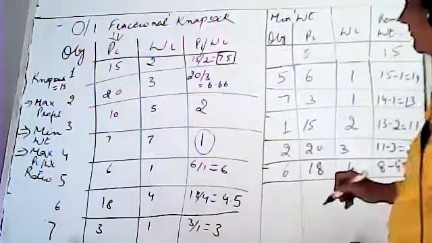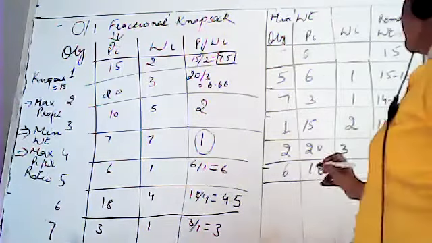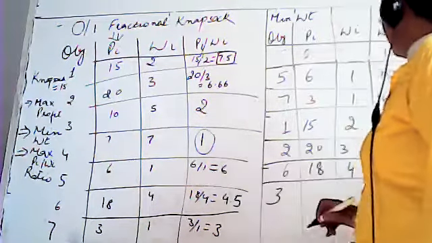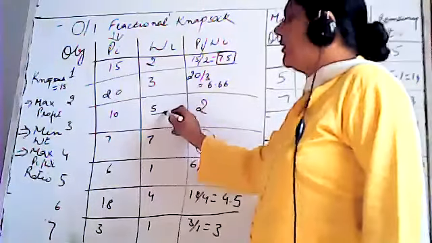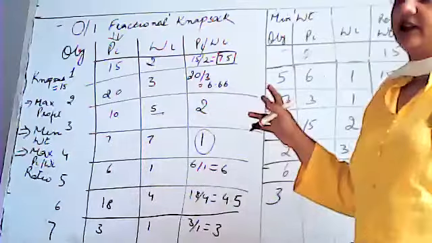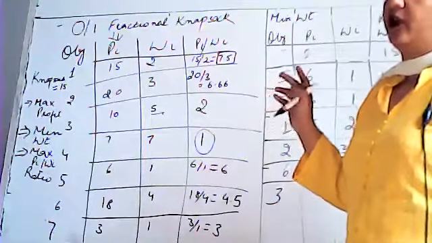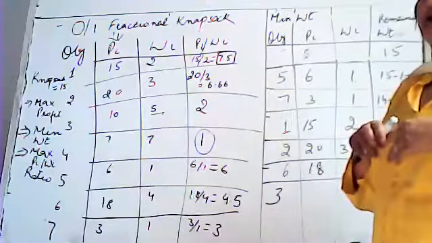Next object, the third object. What weight will it need? 5 kg. We have to pick only 4, so how many units do we require? 4 units. For picking up 5 units the profit is 10. When I pick 1 unit, I get a profit of 2.